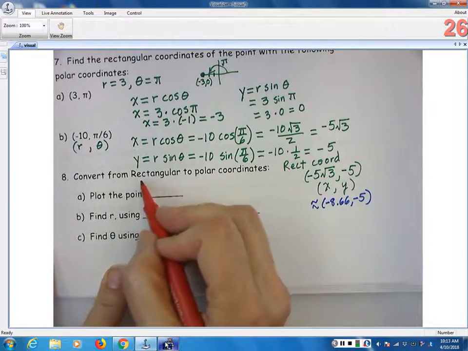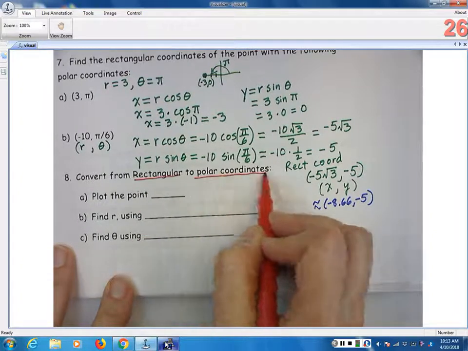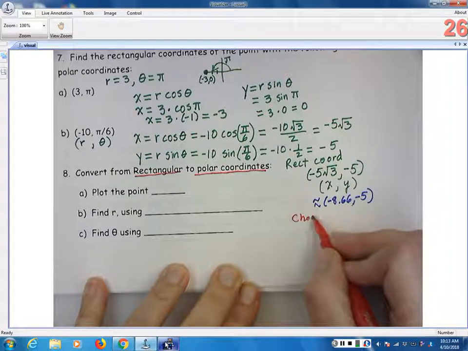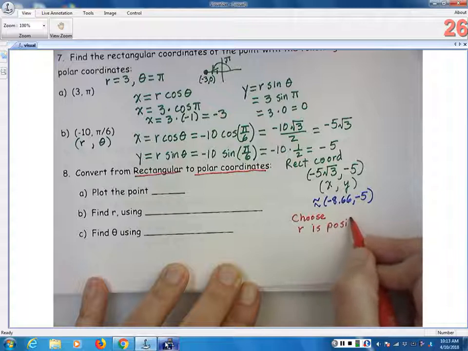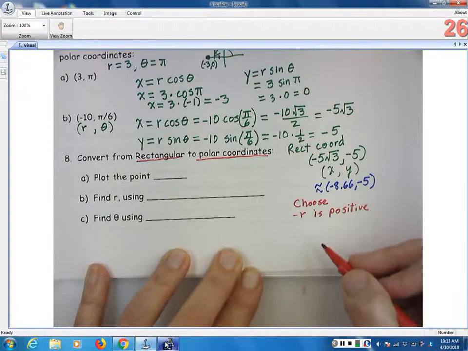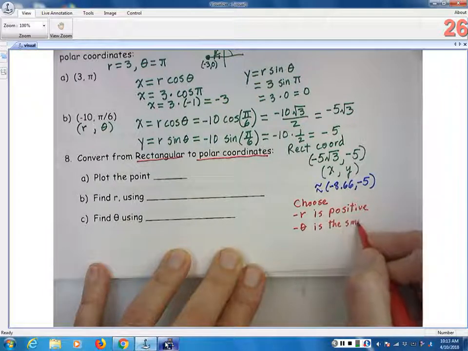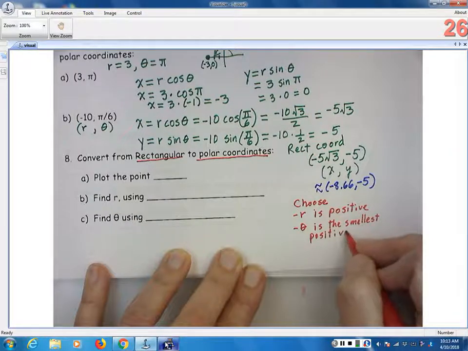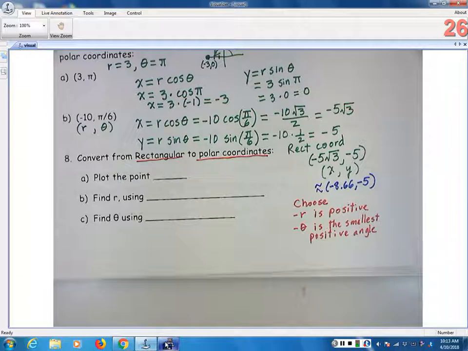So we are going to choose a representation where r is positive and theta is the smallest positive angle with its terminal side passing through (x, y).